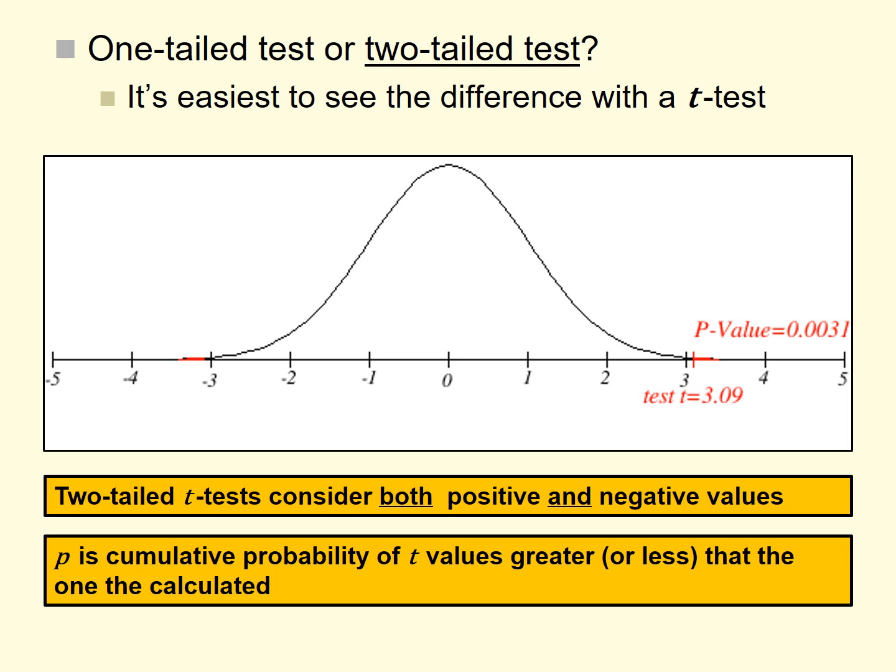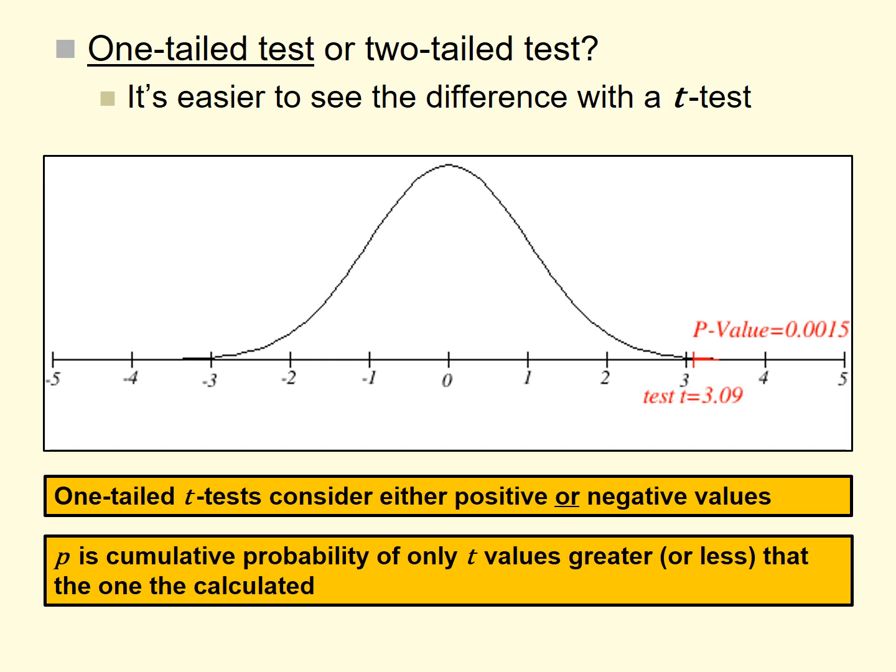If we had coded the groups differently, we might have a negative value, so negative 3.09. Either way, that test statistic would be statistically significant, because the p-value that we're getting, 0.0031, is the cumulative probability of all the t-values that are going to be greater than the critical mark on the high end of the distribution, or less than the low critical mark on the low end of the distribution.